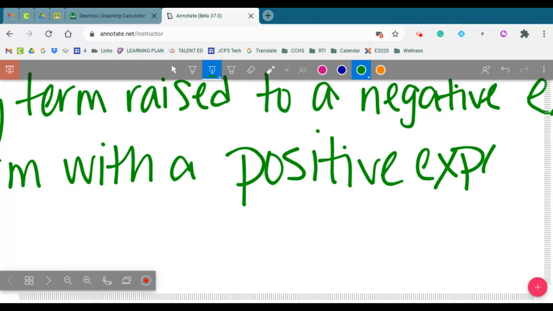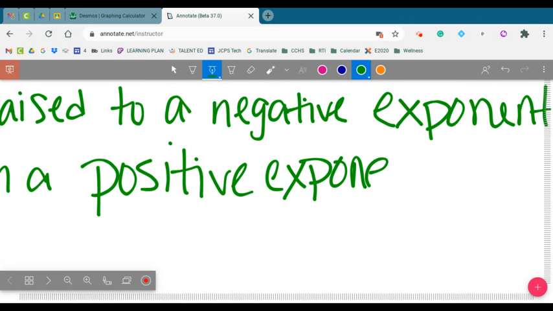So whatever our base is, we're going to have to flip it in order for that exponent to become positive. And we never want a negative exponent.